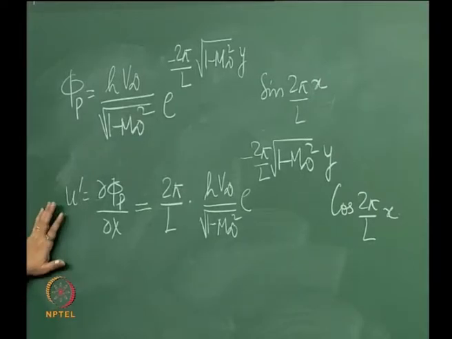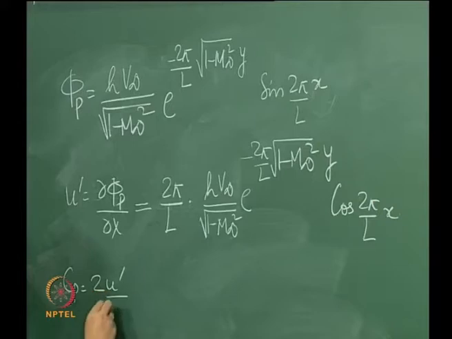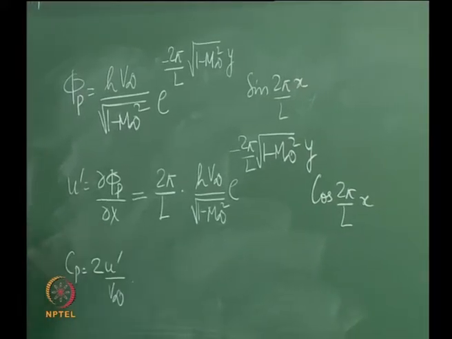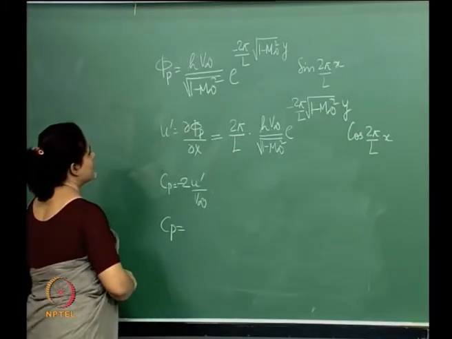So this is our u dash, using this perturbation velocity potential. So then our coefficient Cp is 2 into u dash by this. So Cp is 2 into u dash by this.